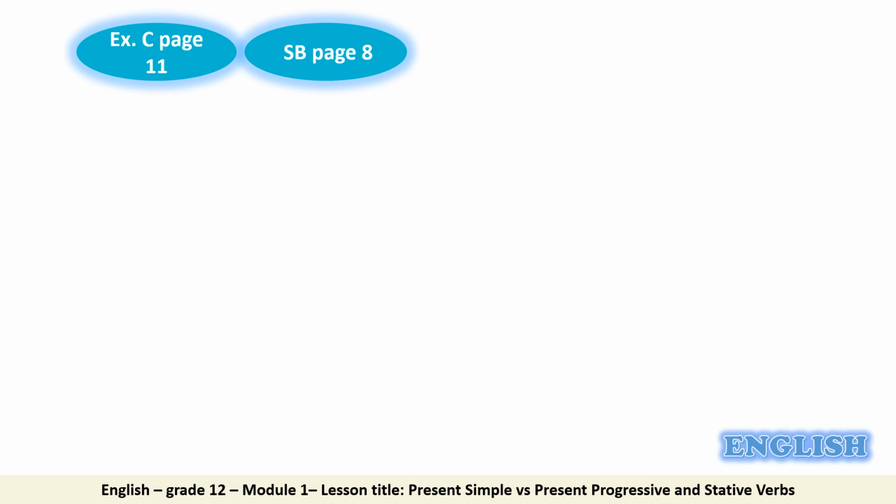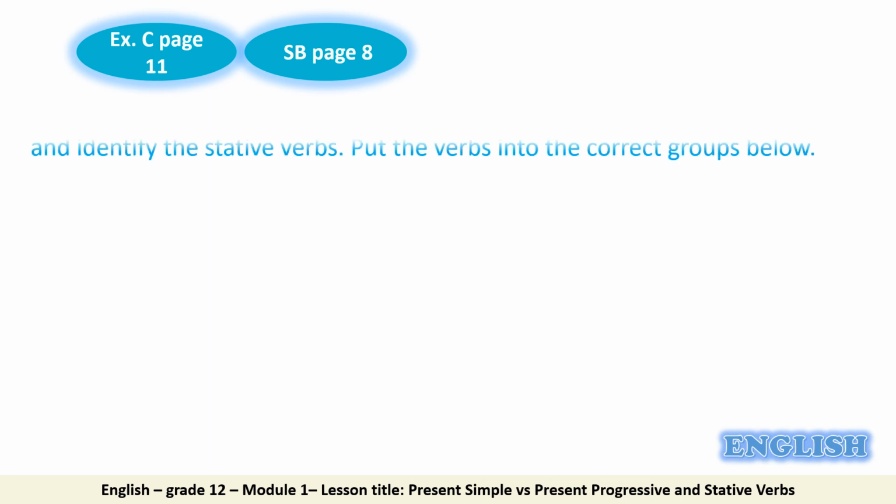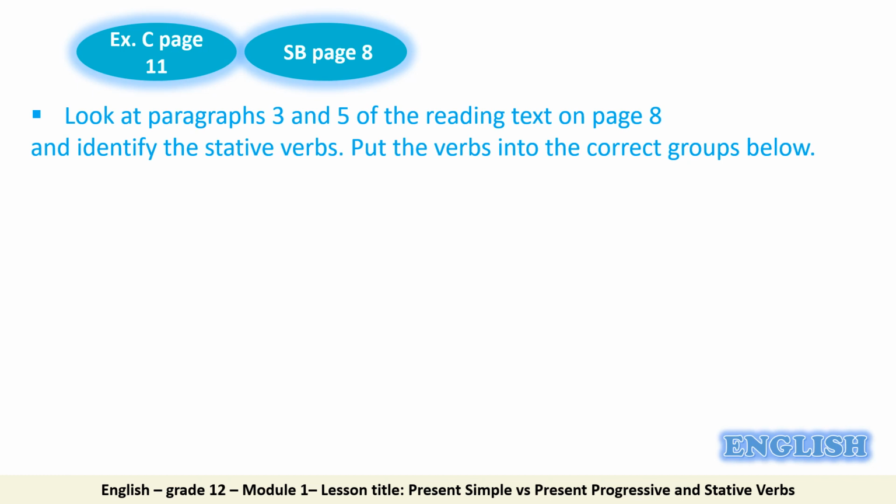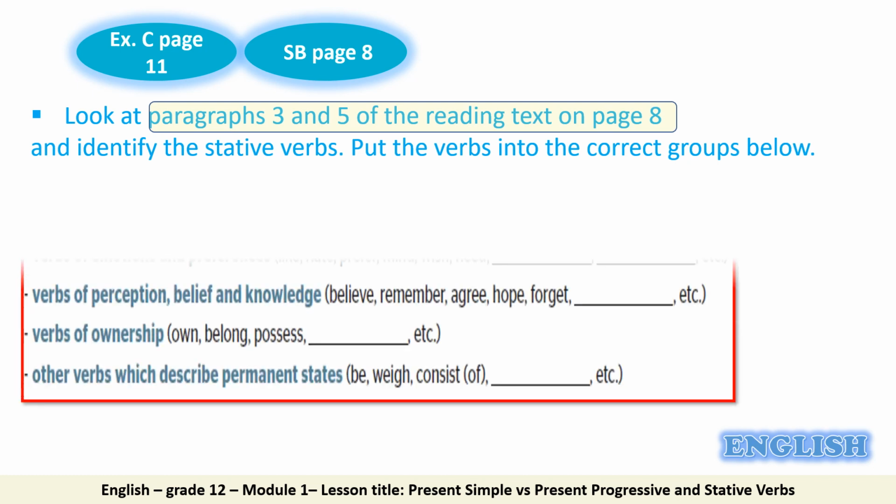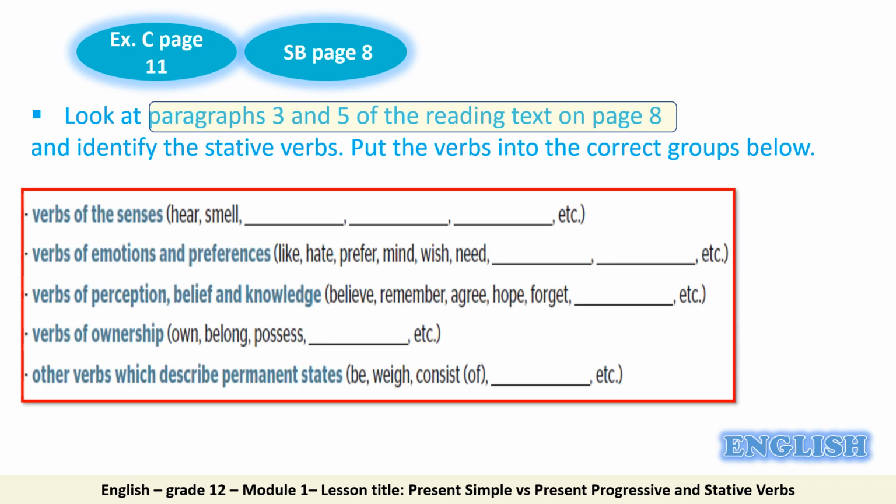To learn more about stative verbs, we need to solve exercise C, page 11, with reference to the reading text, page 8, and more particularly to paragraphs 3 and 5. Put the verbs into the correct groups below. Please do pause your video to perform the task. Wow, I'm sure you are doing great.